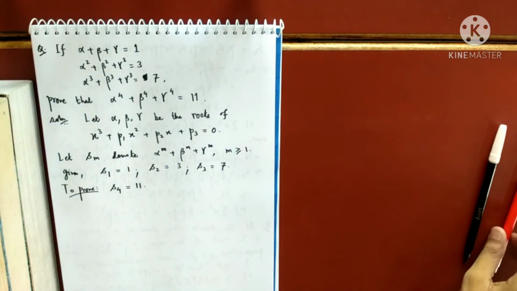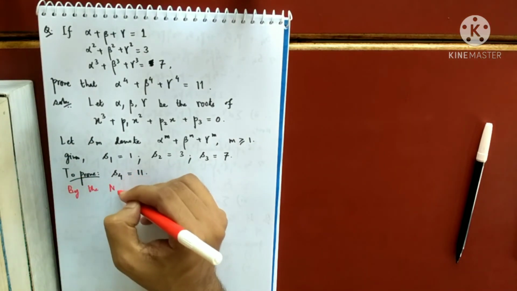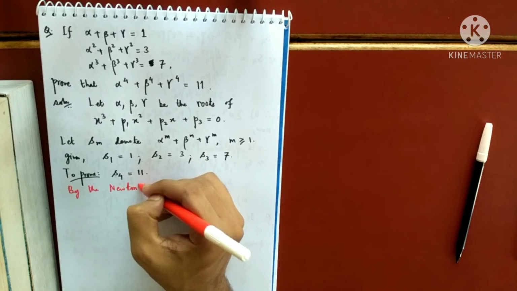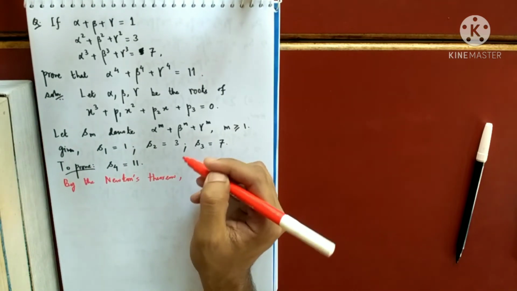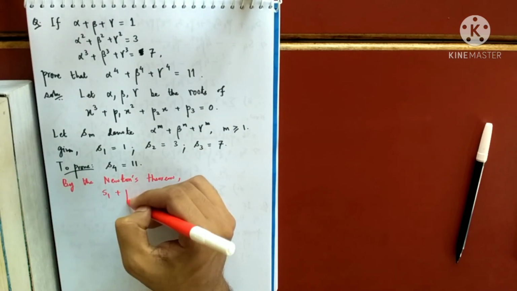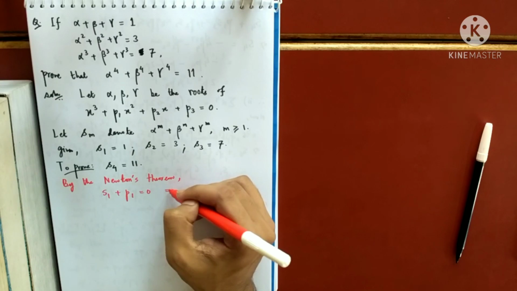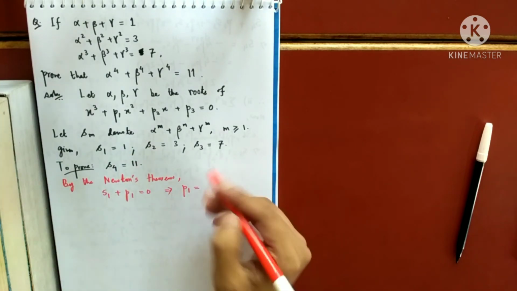So again, let's recall Newton's theorem. By Newton's theorem, S1 plus P1 equals to 0, and that will give me the value of P1 to be minus S1, which is minus 1.